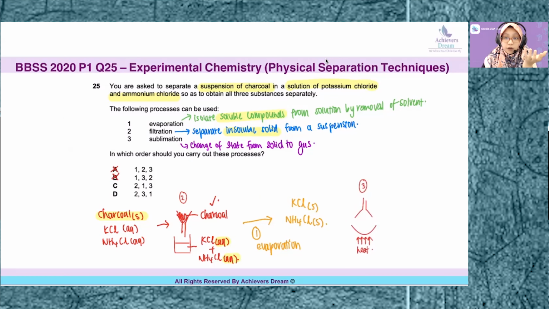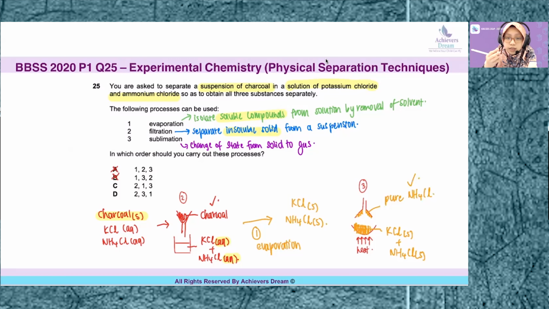So in my evaporating dish, I have both potassium chloride, KCl solid, and ammonium chloride solid. When I provide enough heat, ammonium chloride will sublime to form gaseous ammonium chloride. However, once it meets the cool surface of the inverted filter funnel, it will form a deposit here.